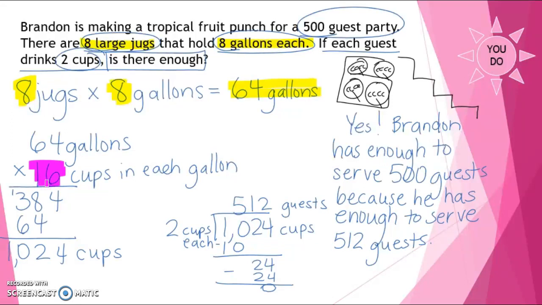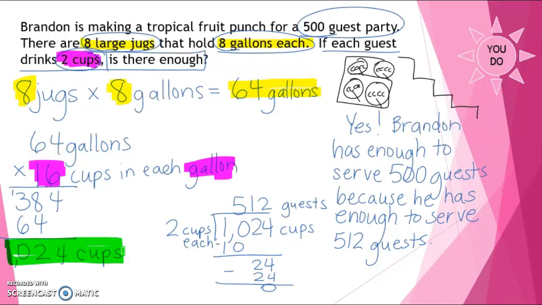So there are 16 cups in a gallon. So we're going to multiply 64 gallons times the 16 cups. Why? Because we need to know cups.